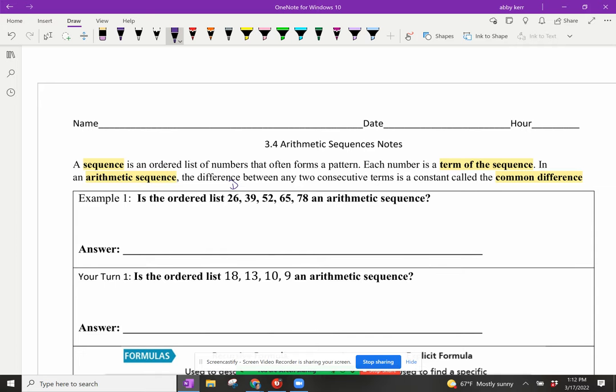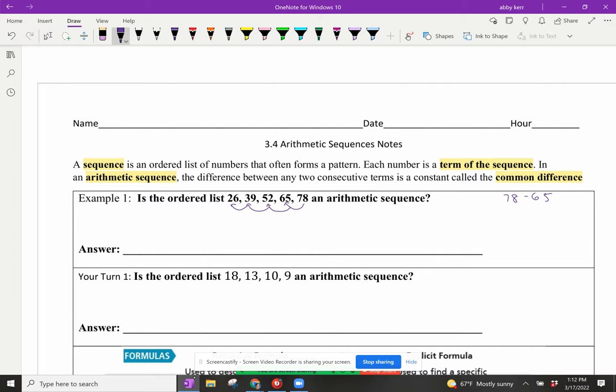So 26 is our first term, 39 is our second, 52 is our third, fourth, fifth, and so on and so forth forever. Now, to see if this is an arithmetic sequence, we need to start from the back and subtract, and see if we have a common number.